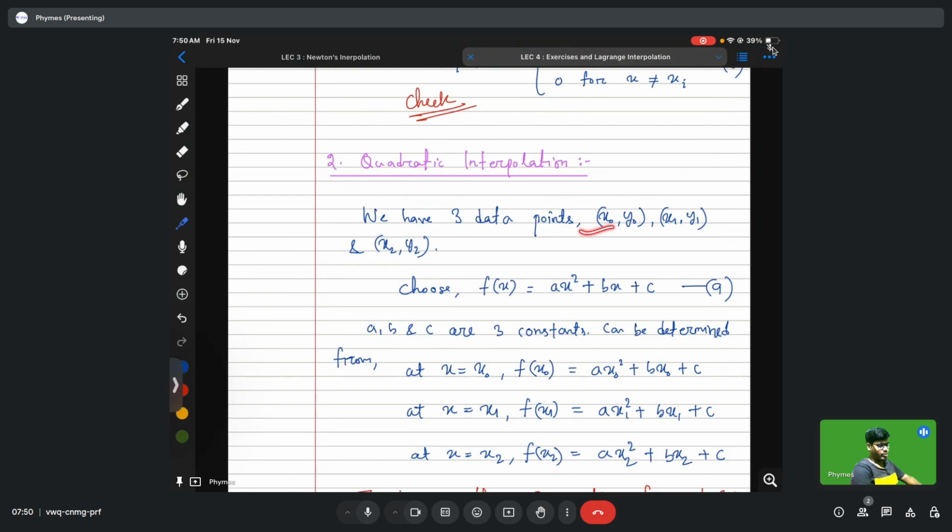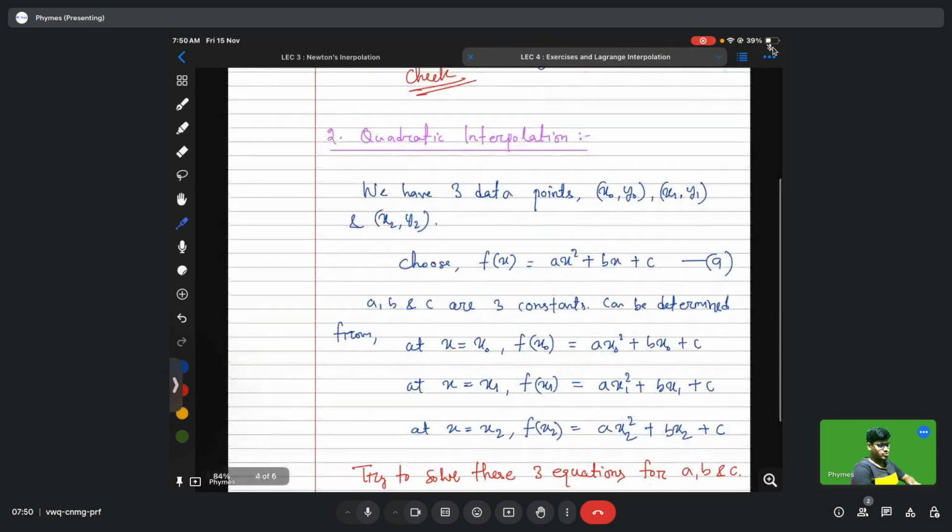There will be x0 y0, x1 y1 and x2 y2. So choose that the function is ax square plus bx plus c. This is a very general quadratic equation.